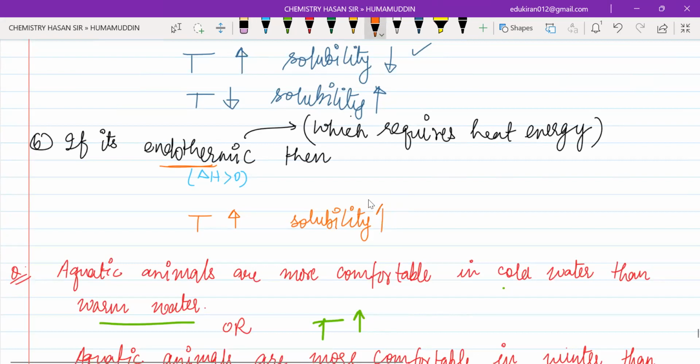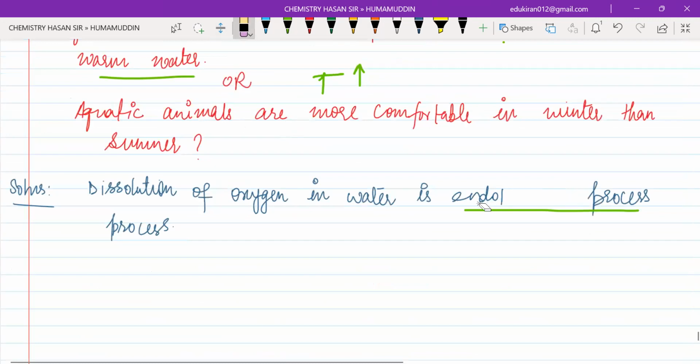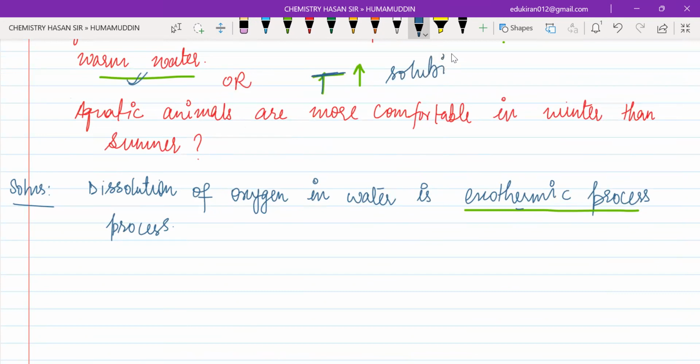Sorry, I made a mistake here. This is exothermic. What I want to tell you is that when oxygen dissolves in water, it is an exothermic process. And since you have warm water, that means temperature increases. And if temperature increases for an exothermic process, solubility decreases.